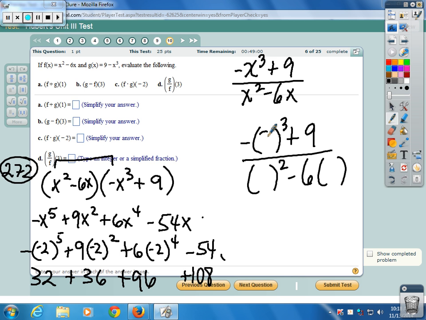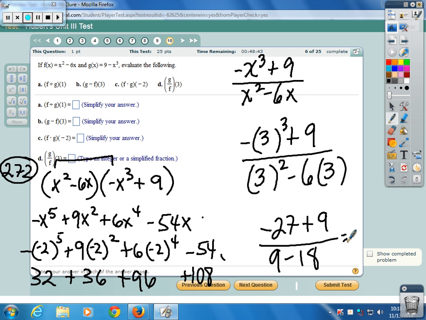And try not to drop anything. You plug in a 3. So that's going to be negative 27 plus 9 over 9 minus 18. Well, negative 27 plus 9 is what? Negative 18?